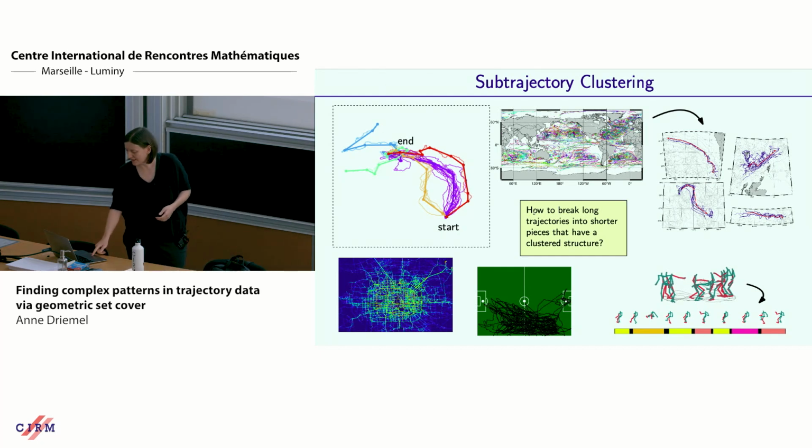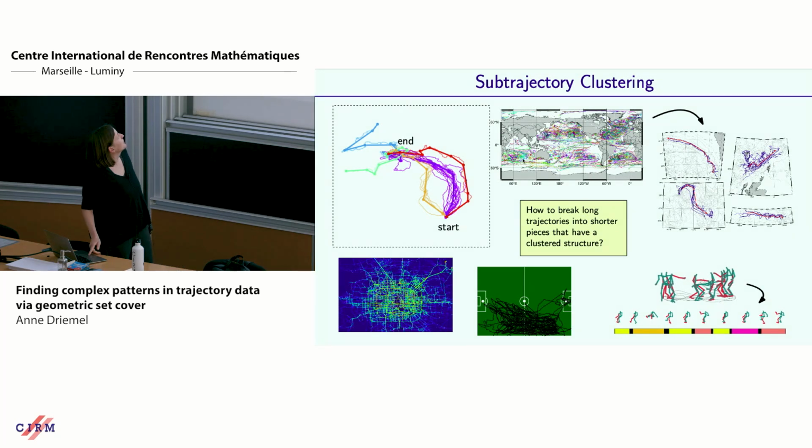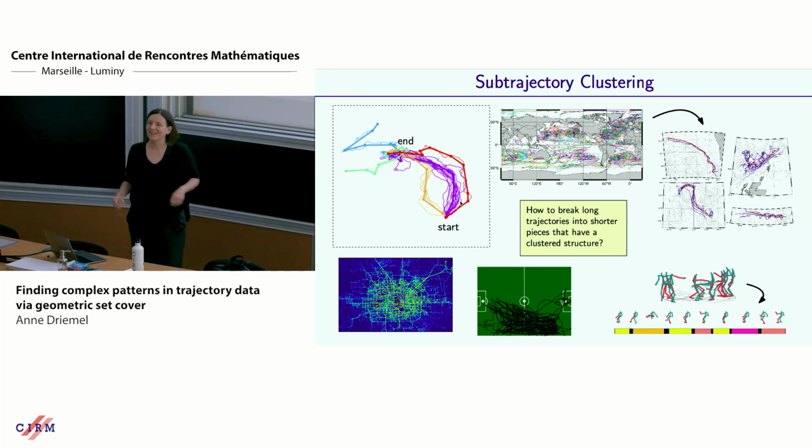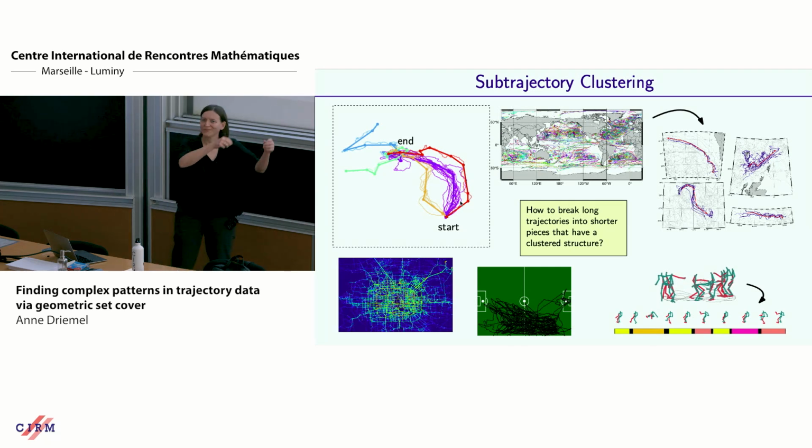So here there are some pictures. At the top left, you can see my mouse pointer, I hope. This is the easy case. This is a data set with homing pigeons that are released at some point and then they all fly to the same point.